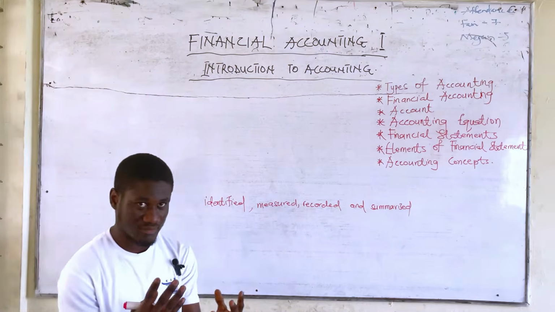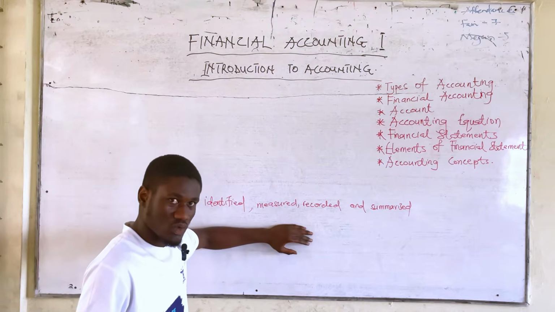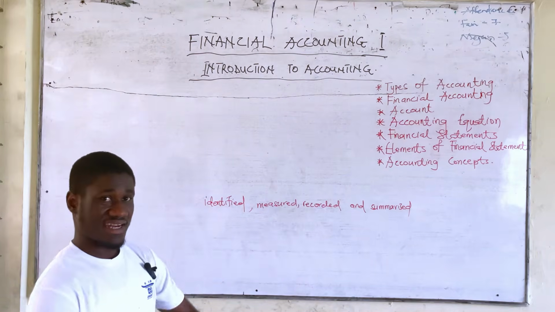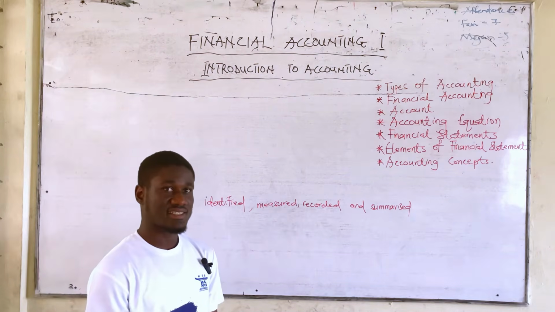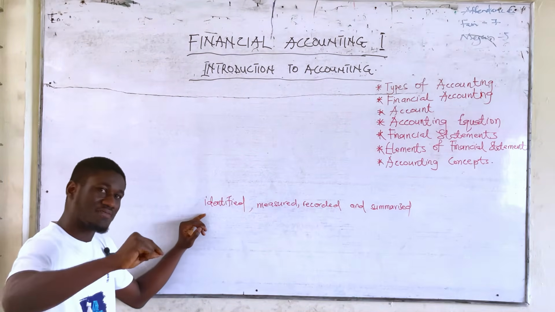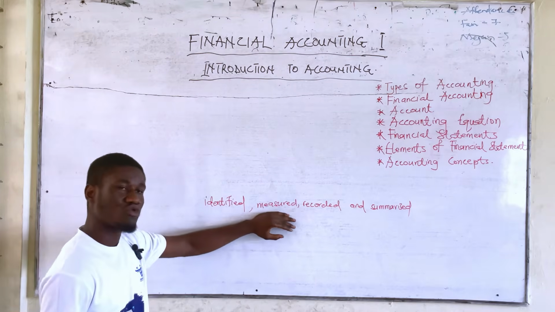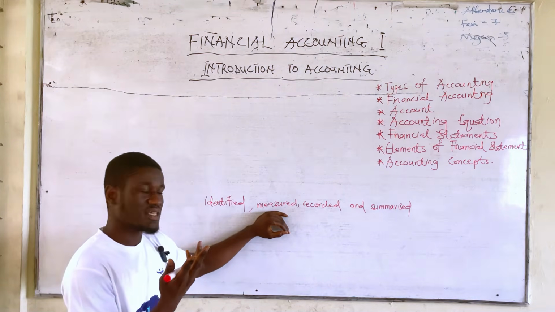So this is a system by which the economic information of an entity, the activities of the entity, is identified. First of all, we have to identify the activity of the entity. Then we'll measure it in monetary terms.